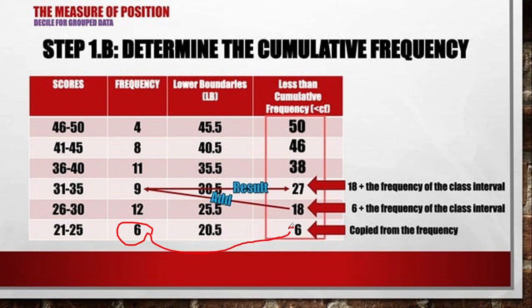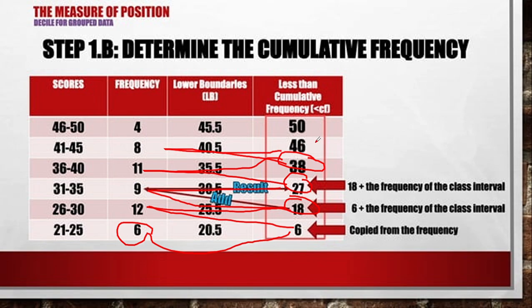And then 6 plus 12, the answer is 18. 18 plus 9, the answer is 27. 27 plus 11, the answer is 38. 38 plus 8, the answer is 46. 46 plus 4, the answer is 50. So, mao ni ang ato pagkuha sa cumulative frequency.